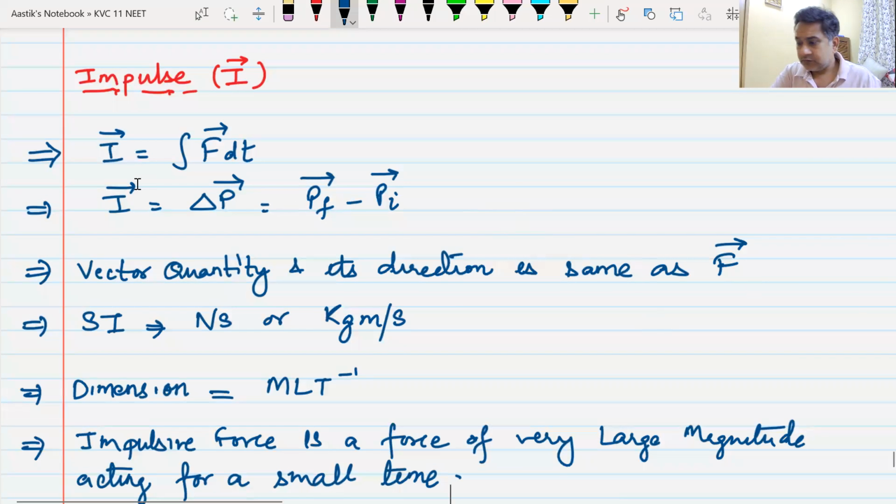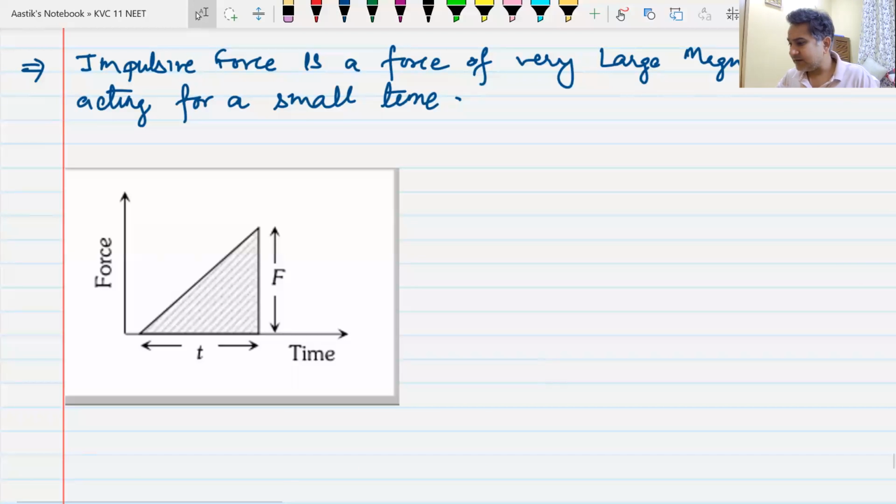Okay. Now, there are some more things that we'll need to note down here. If you have a force time graph, a graph between force and time, this graph may be a triangle, a rectangle, or a trapezium.